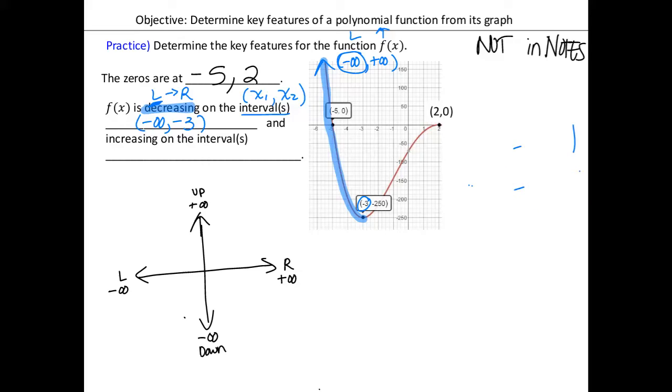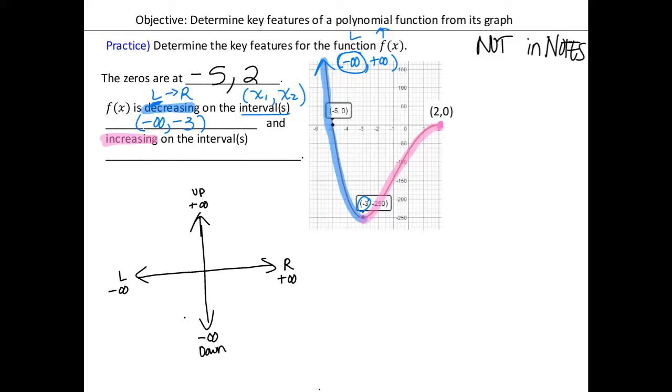Now let's look at increasing. I know this is not on your paper, but I just wanted you guys to talk to your partner. Increasing, you're going upwards from left to right, okay? So going up from the bottom to the top, notice it actually stops there. I don't have an arrow this time. It stops at two zeros, so that's actually an endpoint right there.